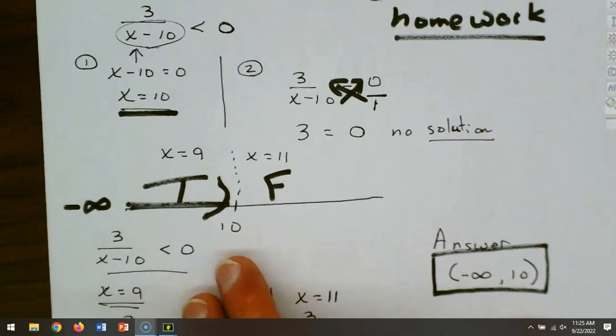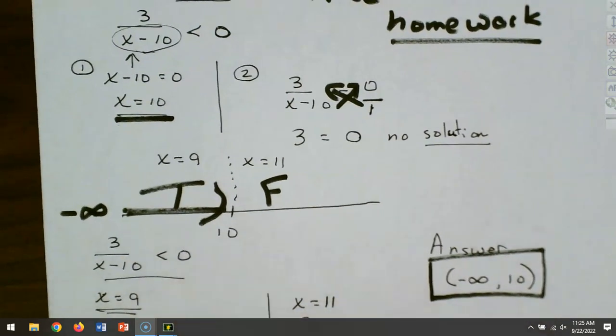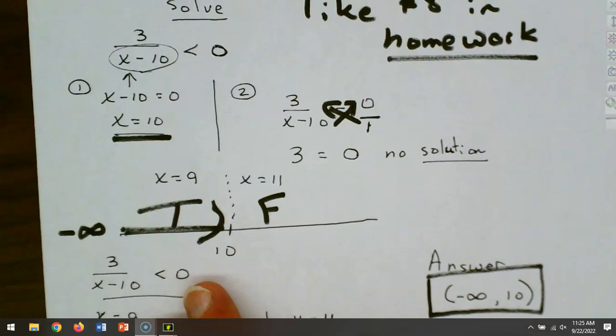So let's talk about what we did here. Okay, so what did we do? First thing we did was we determined what number or numbers give us division by 0. And what number gave us division by 0? 10, right?